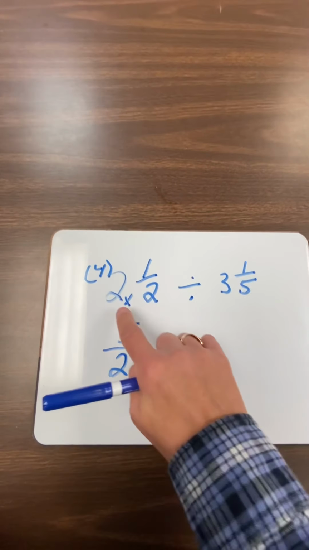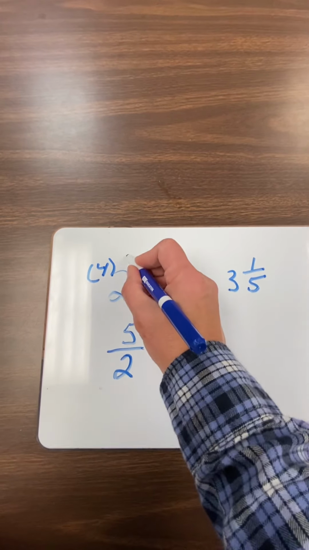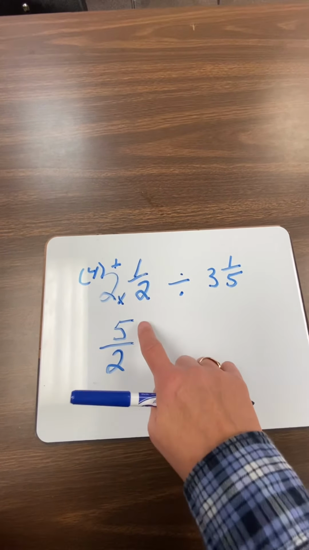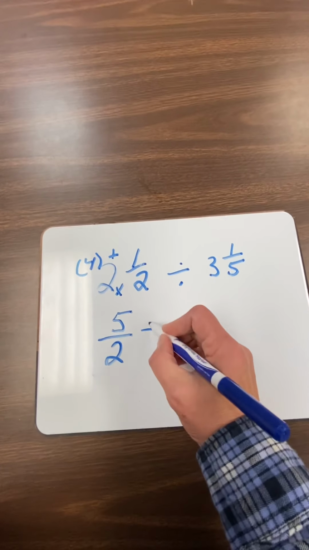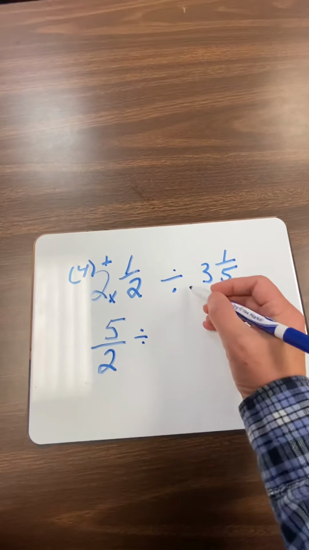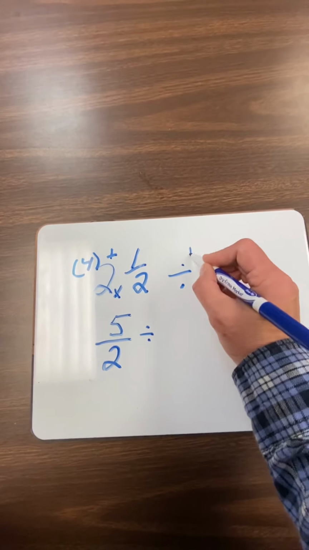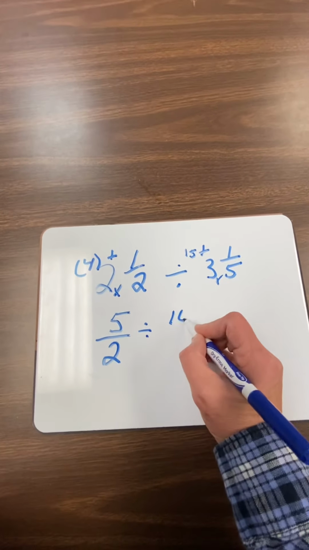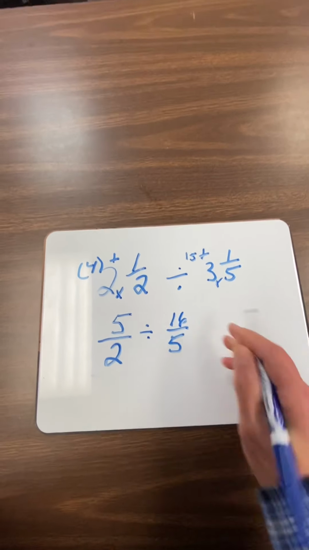Multiply your denominator times your whole number, then add your numerator, which was 1. 2 times 2 is 4, plus 1 is 5, so 5 halves. Divided by 5 times 3 is 15, plus 1 is 16, so 16 fifths.